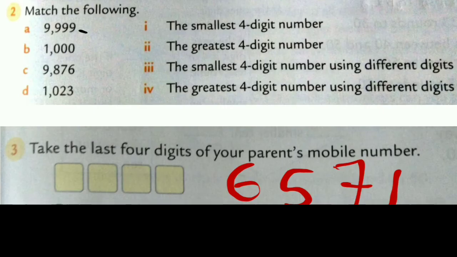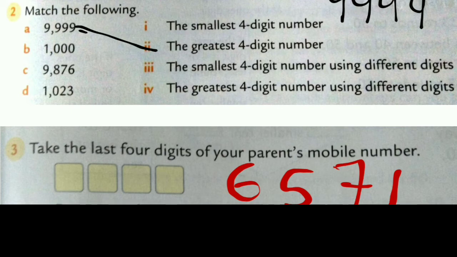Match the following. We know that the greatest one digit number is 9. Greatest two digit number is 99. Greatest three digit number is 999, and greatest four digit number is 9999. Next, 1000.